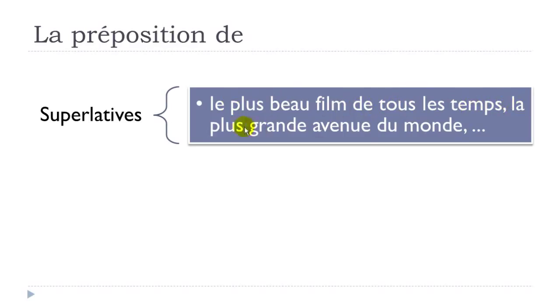And then la plus grande avenue du monde. In that case, you combine this de and the article le monde, the world: de le becomes du. So du monde, of the world. La plus grande avenue du monde. For all these superlative constructions, remember you will have to use this preposition de. De tous les temps, du monde.